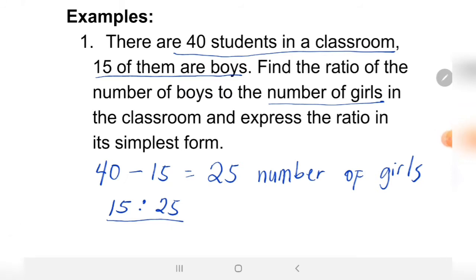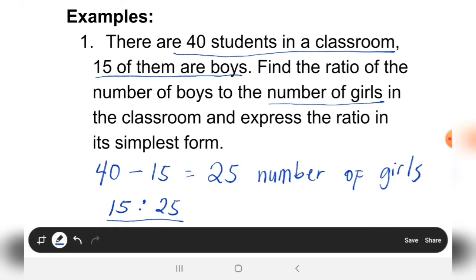Now, express the ratio in its simplest form. In finding the simplest form, we will divide 15 and 25 by the common factor.